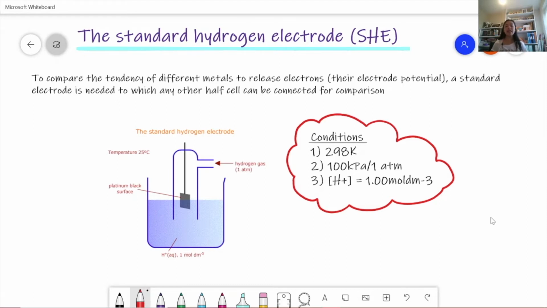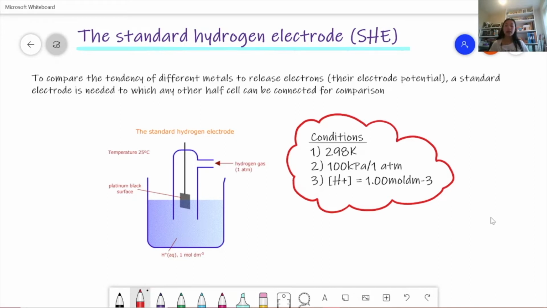And so what happens in the standard hydrogen electrode is that hydrogen gas is bubbled through the solution of aqueous H+ ions, and platinum metal is used as hydrogen does not conduct electricity.